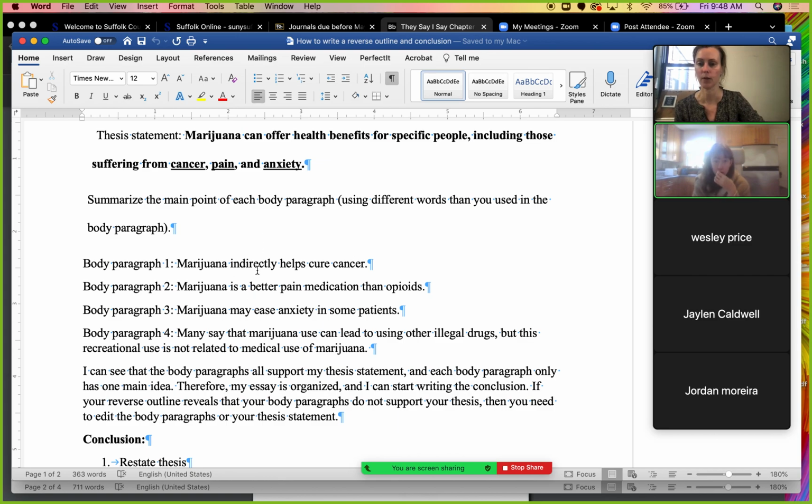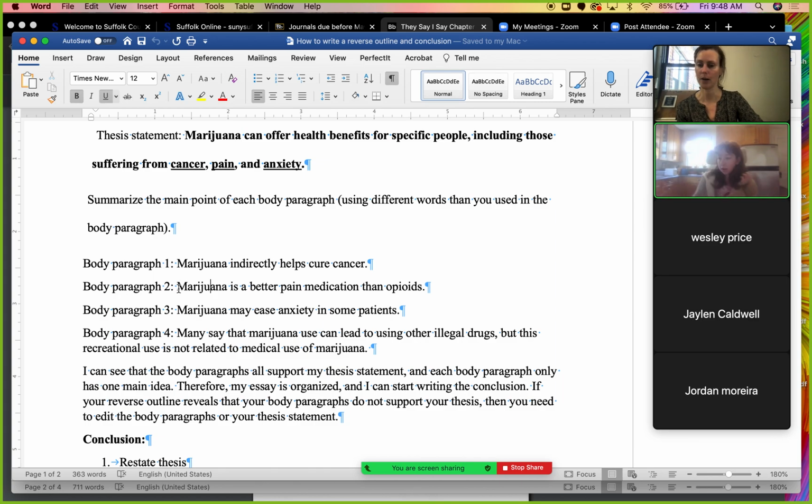Marijuana, well, actually, Annika came up with it, but it's a good sentence. Marijuana indirectly helps cure cancer, because that's what this paragraph is about. And the paragraph only has one idea. It only talks about cancer, and it only talks about marijuana use helping cancer patients. So that's a good statement. And then also I check it. Okay, it definitely supports my thesis statement.